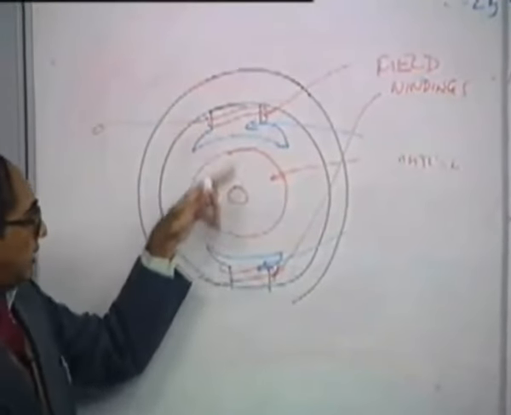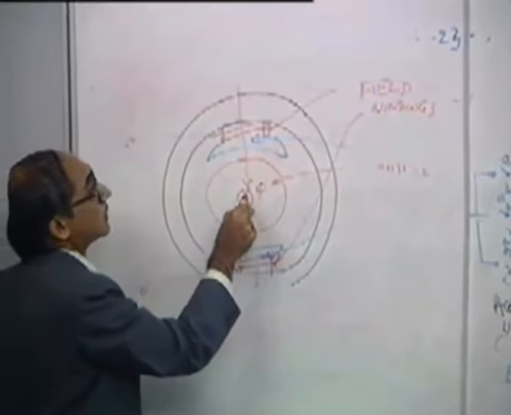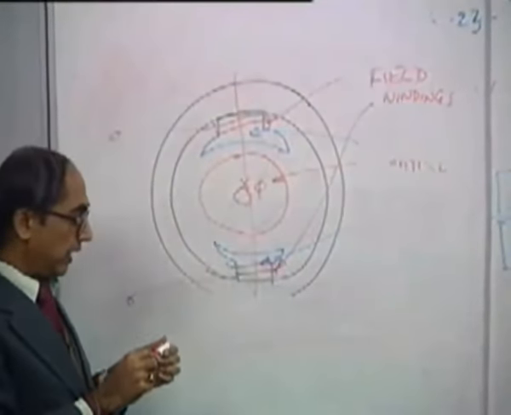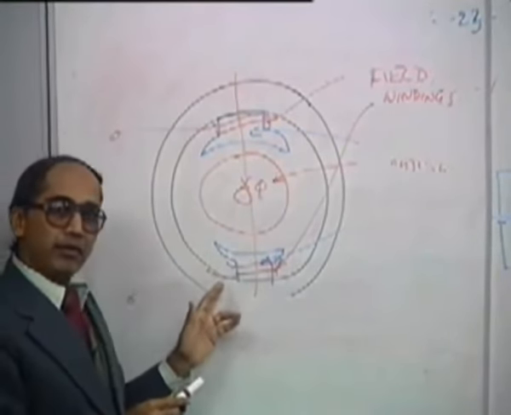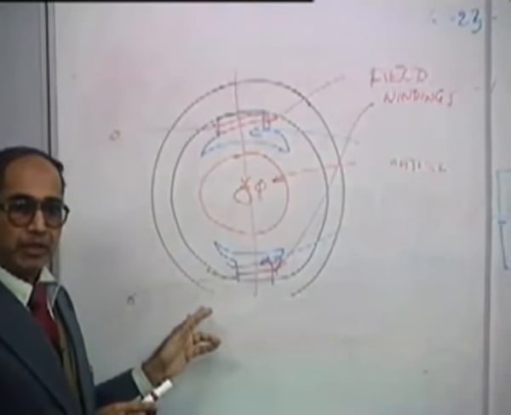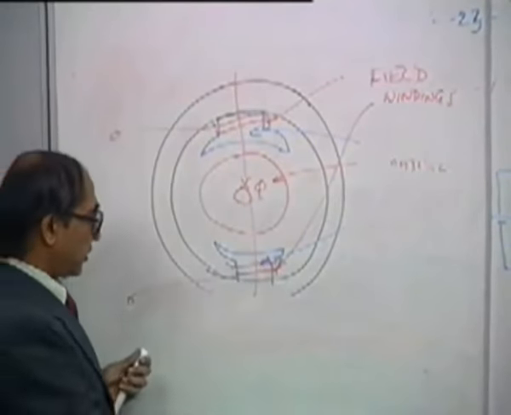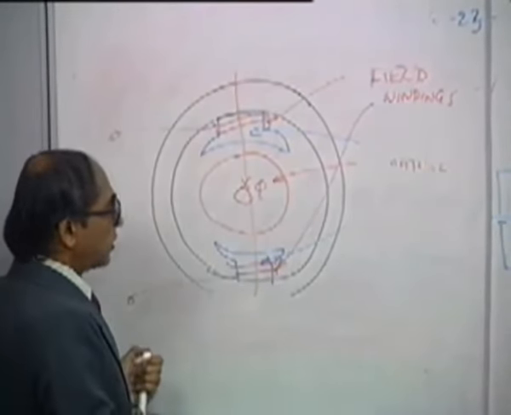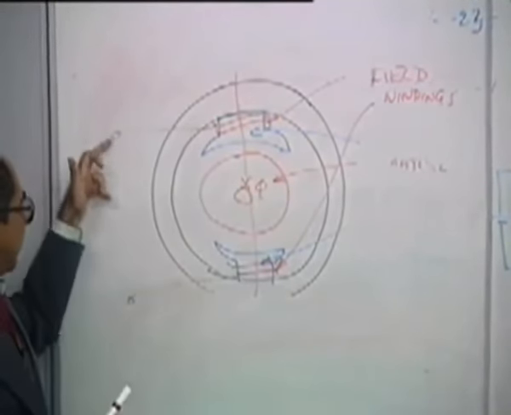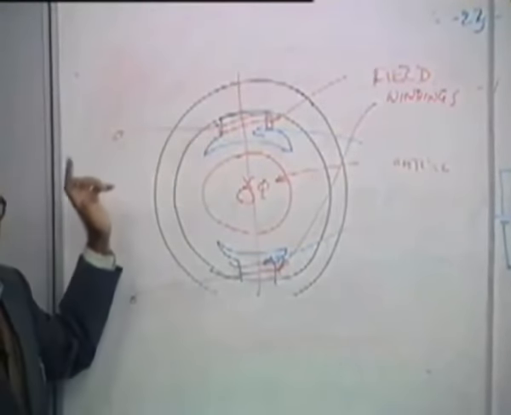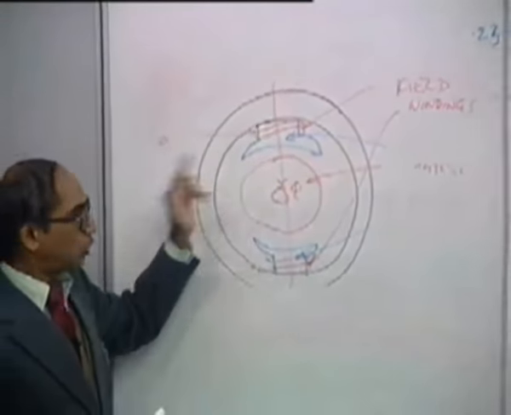So now when you put the field winding, they produce the flux depending upon the direction in which the field winding is put. So these are called the wound field machines, are excited by separate sources. Now you can put the current in the windings either by a separate source or through the armature.